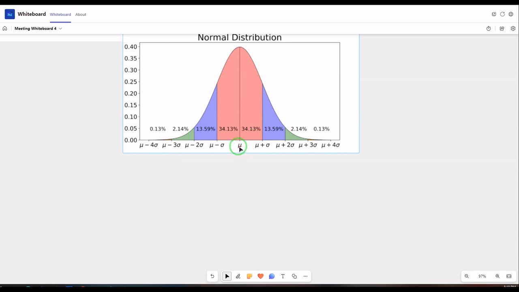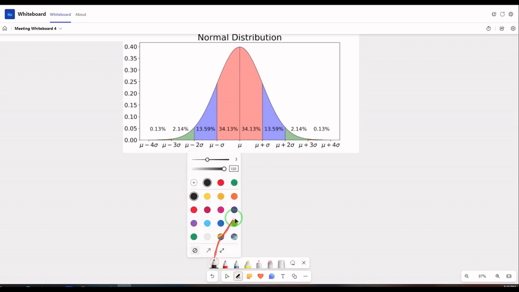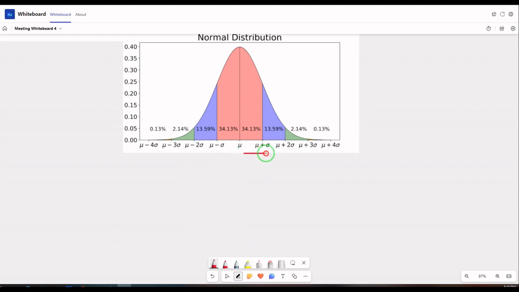Now, if you move two standard deviations this time, let's say this is your mean, you move 2 standard deviations to the right and then 2 standard deviations to the left. It will contain 95% of your data.